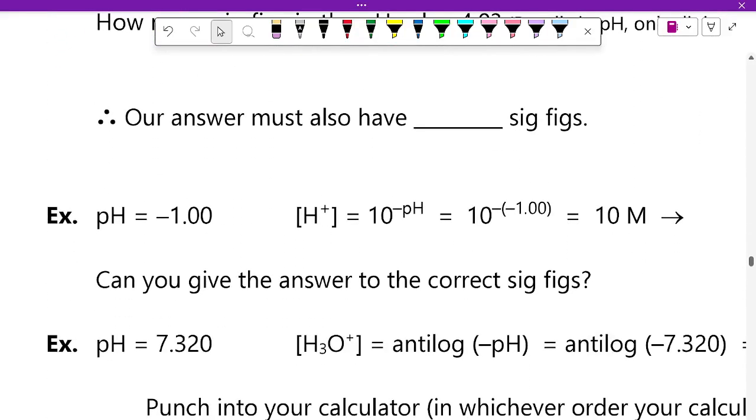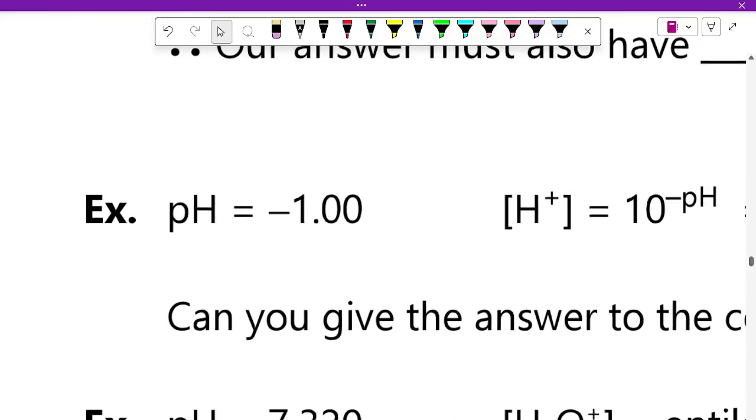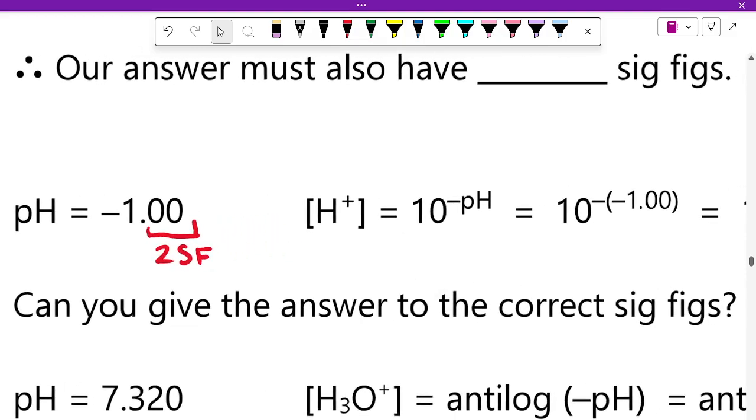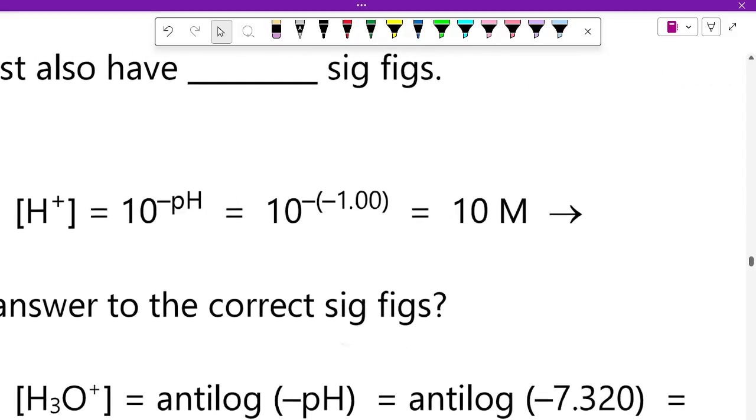What if we have pH is equal to 1.00? How many sig figs in that number? 2 sig figs. And so hydrogen is 10 to the negative pH, which is 10 to the negative 1.00, which is 10 to the positive 1, which is just equal to 10. And so how many sig figs should we have there? 2 sig figs.